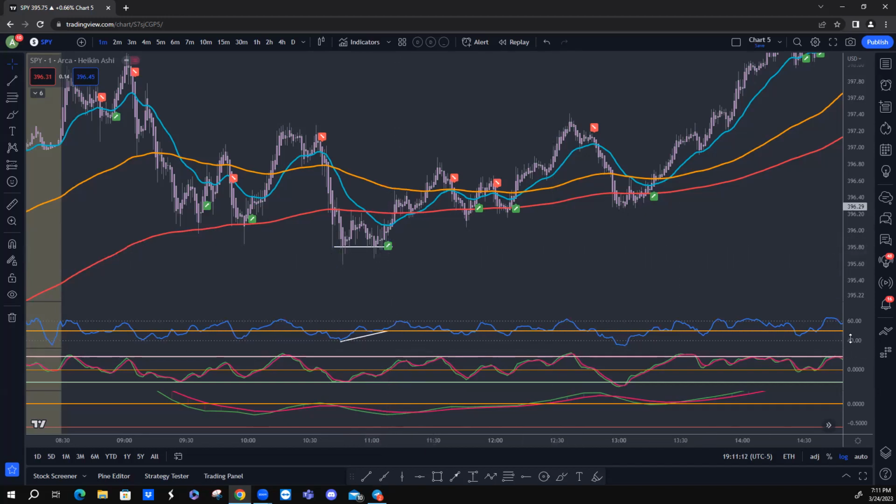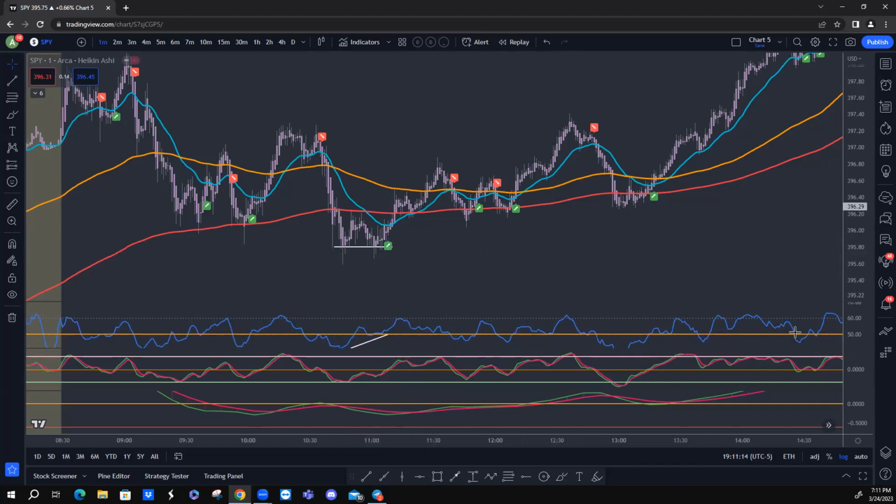So what I do, and you've seen some of my examples that I've been testing, is I like to see the blue band go above the orange line right here. Okay, and then even on the TSI, it's crossing, it's pointing in the same direction right here.